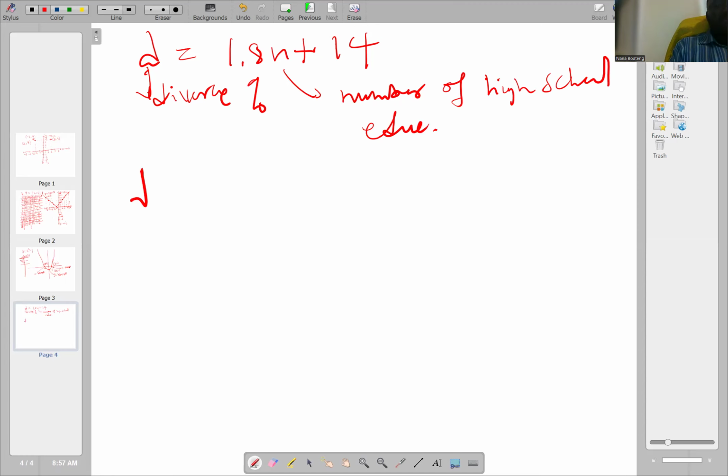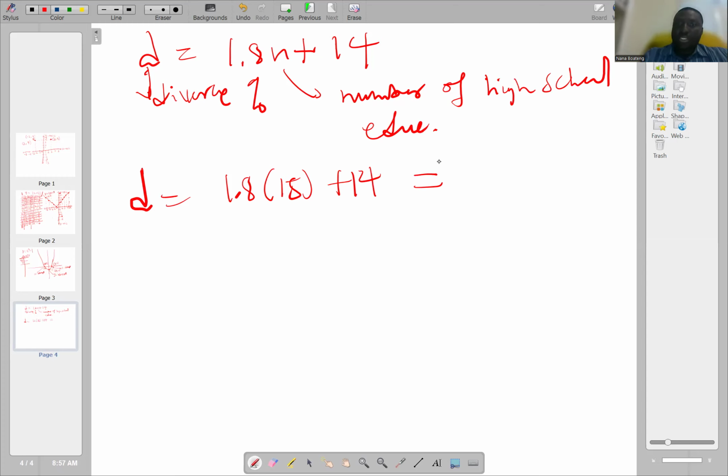So the divorce percentage is equal to 1.8 times 15 plus 14. And so we can work this out by multiplying 1.8 by 15.